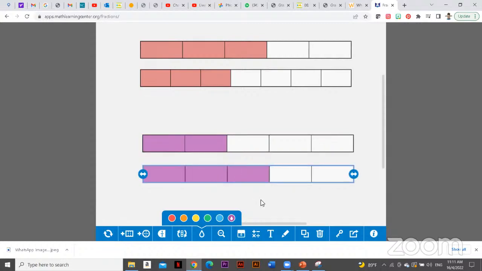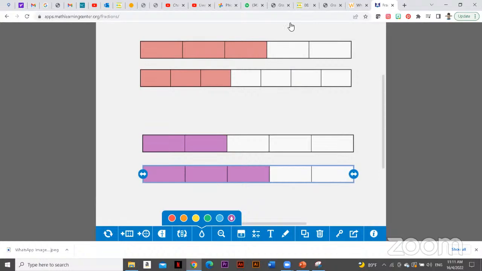Now we've got the same size whole, we have the same number of equal parts, but you realize that the smaller the numerator, the smaller the fraction, or the smaller the amount of shaded parts, or the amount that you've taken out based on the context. But the larger the numerator, the greater the fraction, right? So we have to consider that, and this will give us a good understanding of what we need to do.